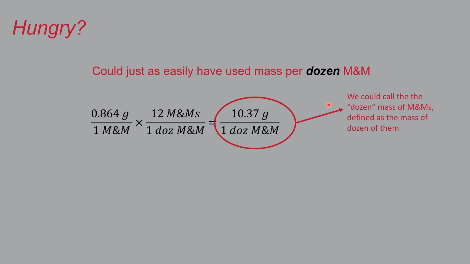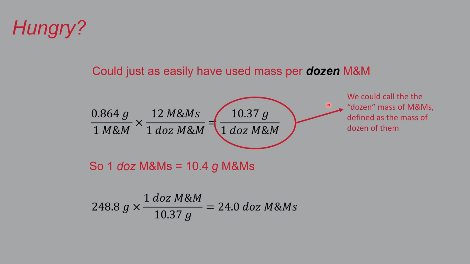And you could even give this number a name. You could call it the dozen mass, defined as the mass of a dozen M&Ms. And it's also a conversion factor, right? All right, so a dozen M&Ms is 10.37 or 10.4 grams. So I could also describe the amount of M&Ms in my 248.8 gram sample in terms of dozens.